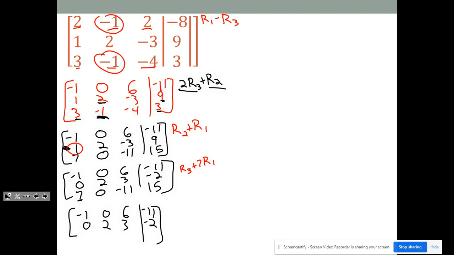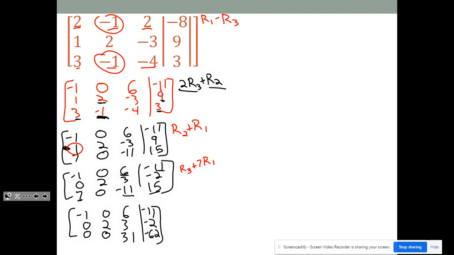So row 3 plus 7 row 1 gives me 0 there. And then I've got negative 11 plus 7 times 6, so negative 11 plus 42, so 31. And then I've got 15 plus negative 77, so that's going to be negative 62.